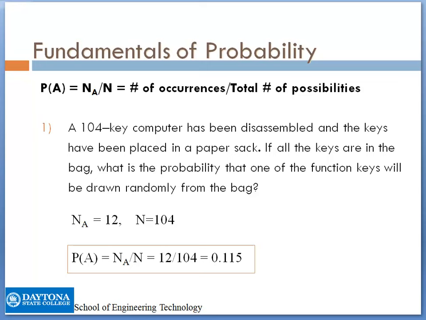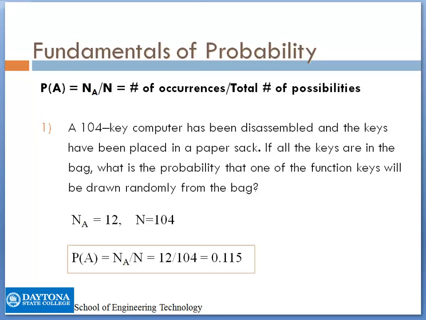We know that a computer keyboard has 12 of those function keys, and they go from F1 all the way to F12. So this is what we define as the number of occurrences. So our n sub A is equal to 12. Now, we also know that the total number of possible outcomes is 104 because there are 104 keys in that specific keyboard.